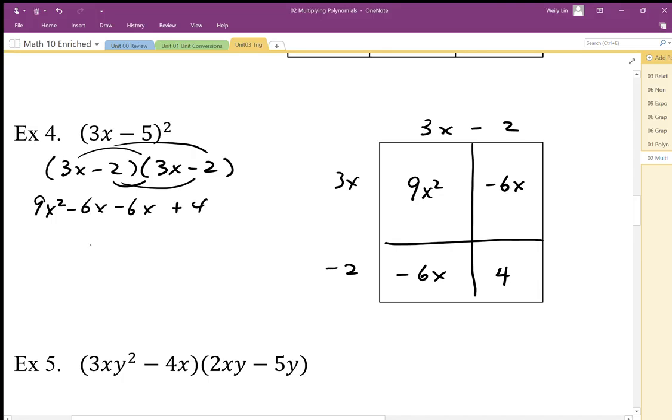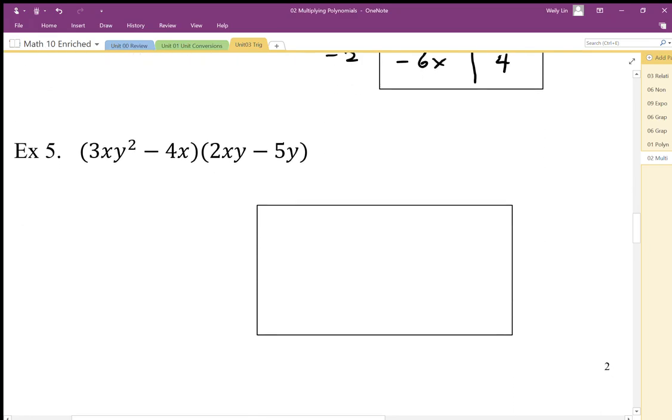And so my square shape has an area of 9x squared minus 12x plus 4. And when we square something, we get a square shape. If I just squared the 3x and the minus 2, two squares do not make a square. Okay? If I have two square shapes here and here, I can't put them together to make a square. I'm missing some pieces to make a square. And that's the middle term of minus 12x.